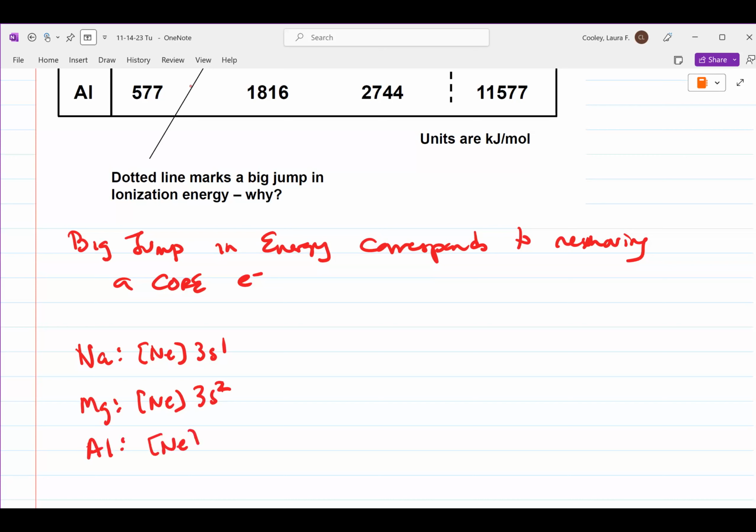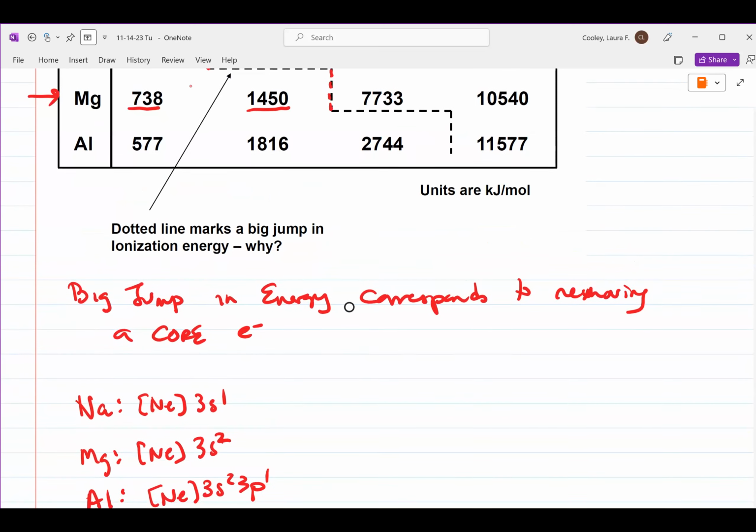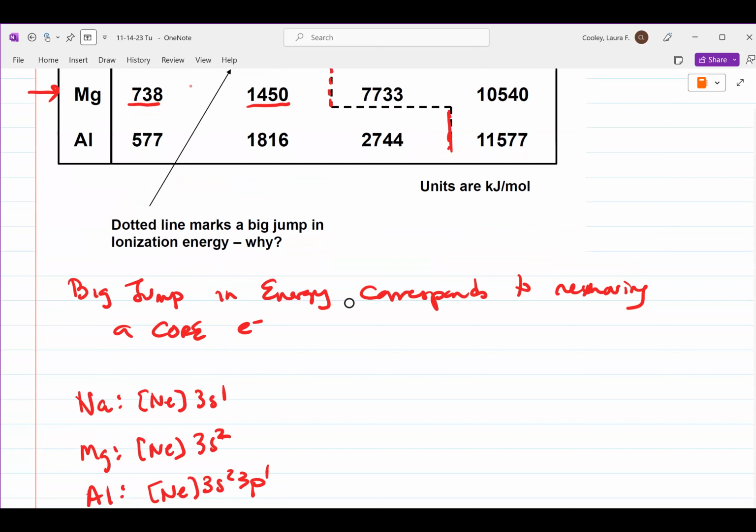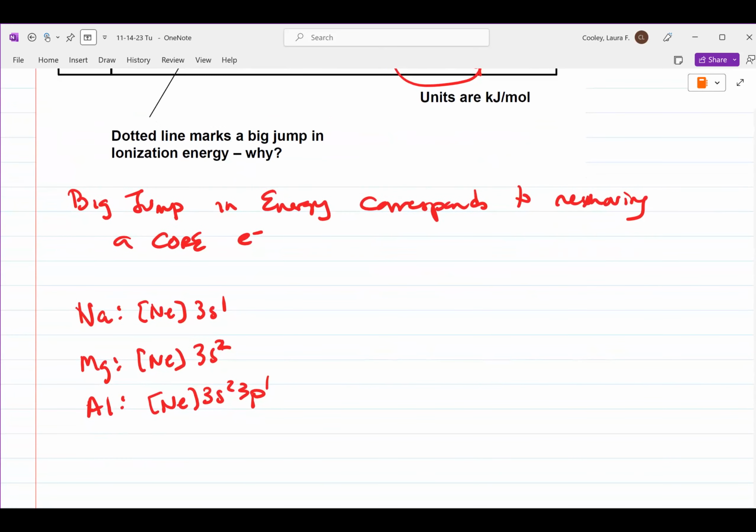Aluminum, it's going to happen after the first three. So you see the big jump is over here between the third and the fourth. Look at that. From 2,700 to 11,000 is a huge jump in energy to remove an electron from the core. So a big jump in energy corresponds to removing a core electron.